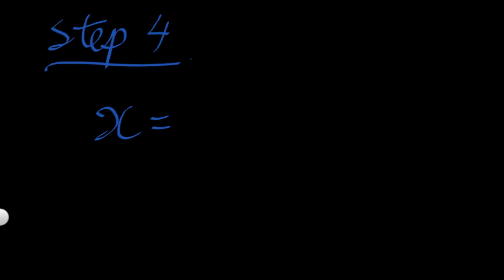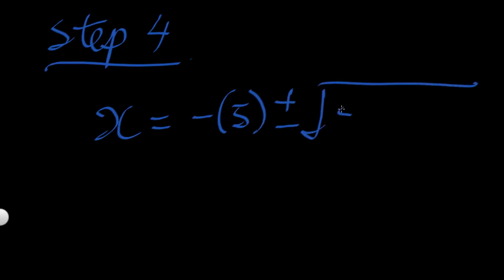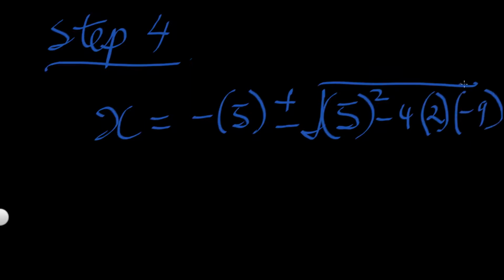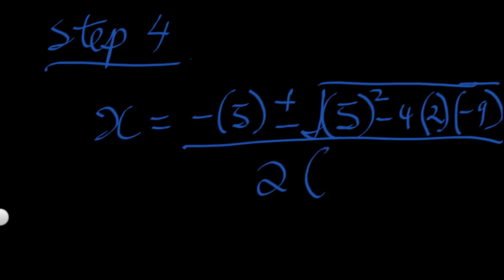Our b is 5, so we got minus 5 plus or minus the root of b squared, which is 5 squared, minus 4 by a, which is 2, by c, which is minus 9. All of this over 2 by a, which is 2. That's all you do in step number 4, substitution.